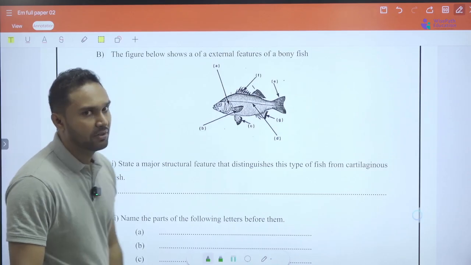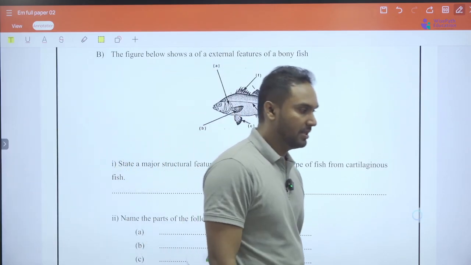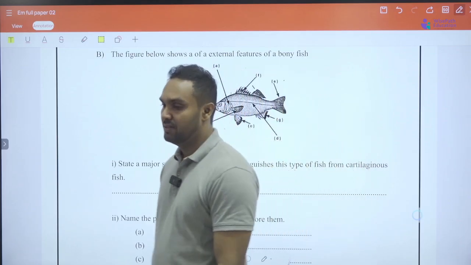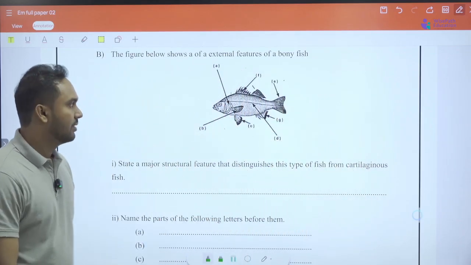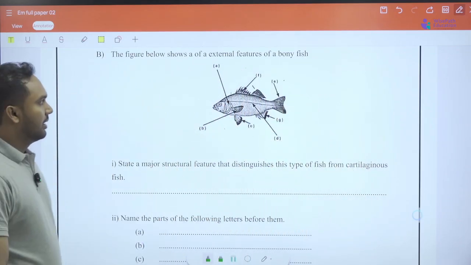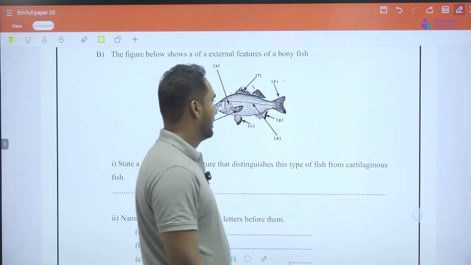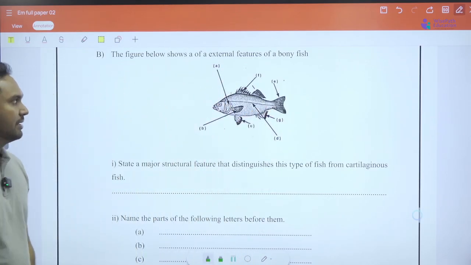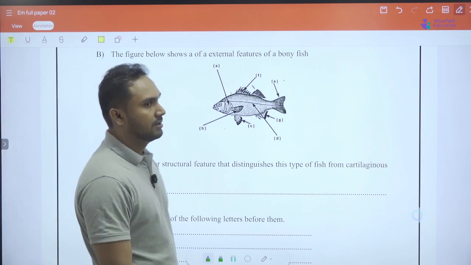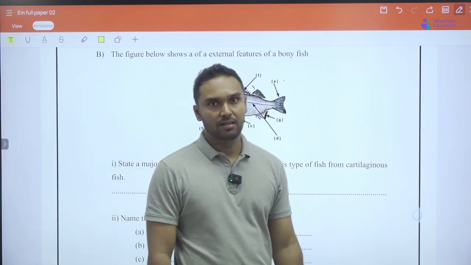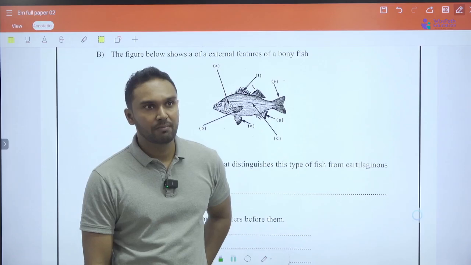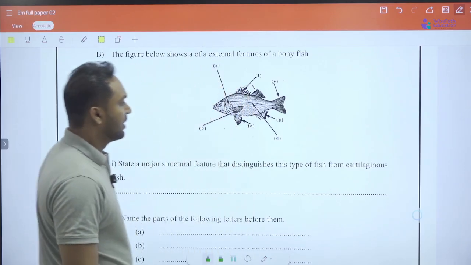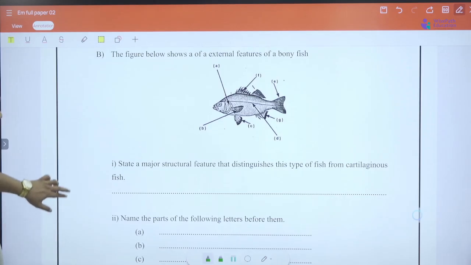It's covered with a bony flap in the bony fish, and in the cartilaginous fish, there are just a few openings there, right? And about the tail, we call it the caudal fin. The caudal fin is symmetrical in the bony fish, and in the cartilaginous fish, if you remember the shark, it's asymmetrical, isn't it?